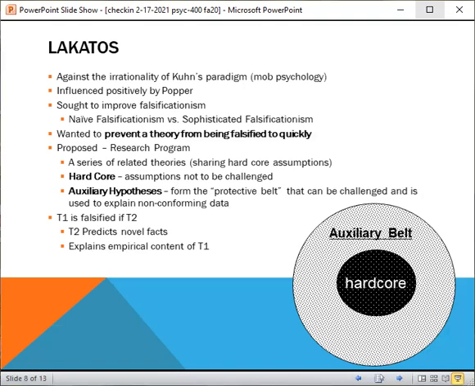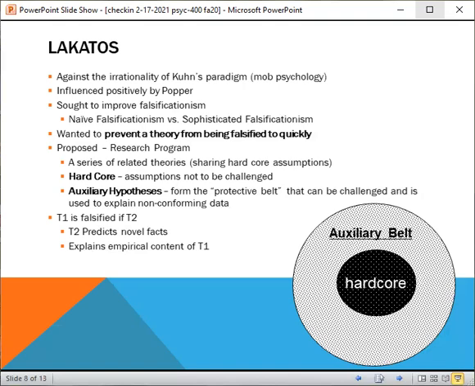Now, what do we mean by a series of theories? Let's say we have a theory, T1. Theory 1, or T1, is only kicked to the side when another theory has been proven to be of value, because it predicts novel facts and explains the empirical content of T1.